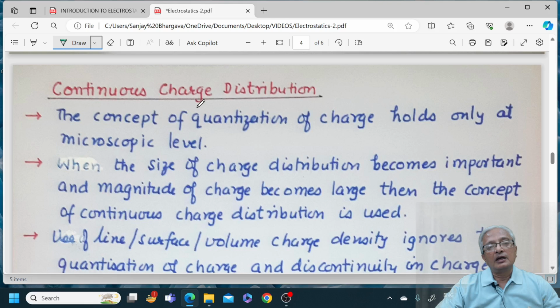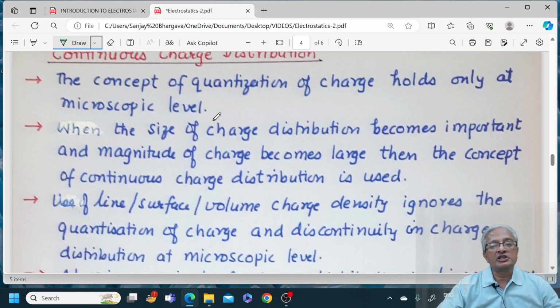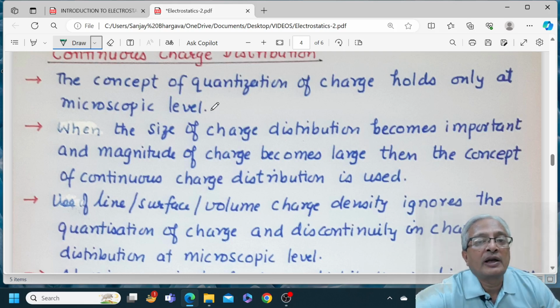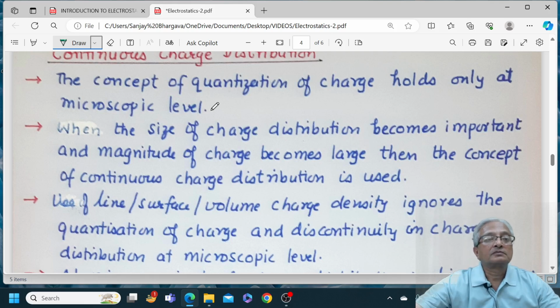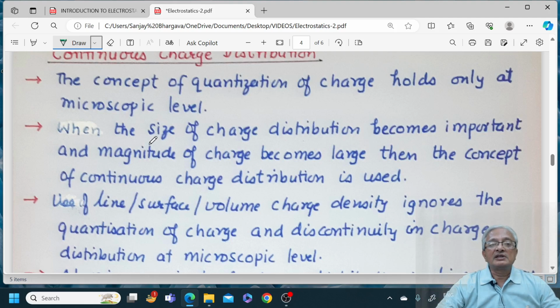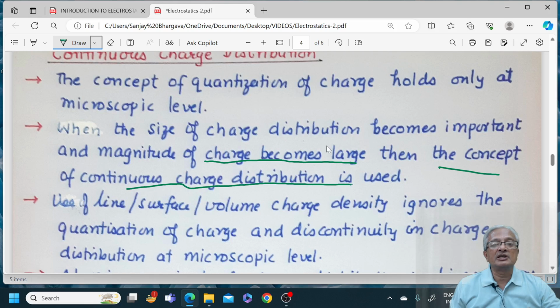Now, we are about to study the concept of continuous charge distribution. Why do we require it? Because the concept of quantization of charge holds only at the microscopic level. When the size of the charge distribution becomes important and the magnitude of the charge becomes large, then the concept of continuous charge distribution is utilized.